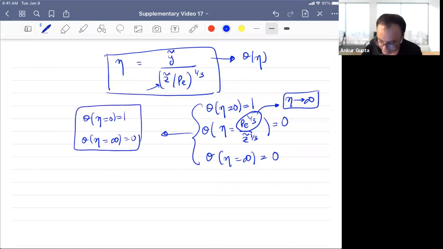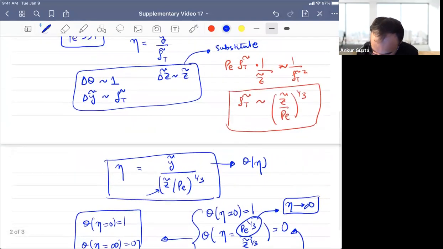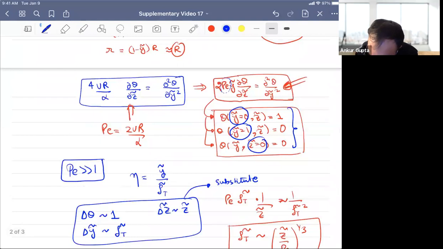So essentially, because of the large Peclet number property, we are able to say this is approaching infinity, and that's allowing us to reconcile these two boundary conditions.